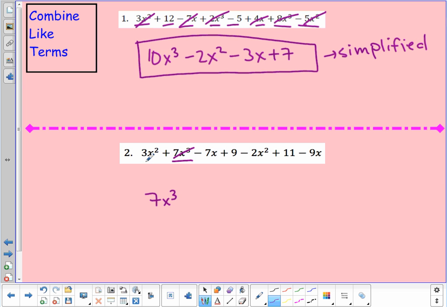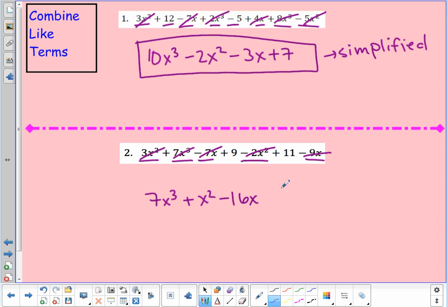Then I go to the power of 2, and I have 3x squared and negative 2x squared. So 3 minus 2 gives me 1. That's plus just x squared. If it helps you to write the 1 in front of it, you certainly may. Then the negative 7x and negative 9x. Negative 7 and negative 9 gives me negative 16x.